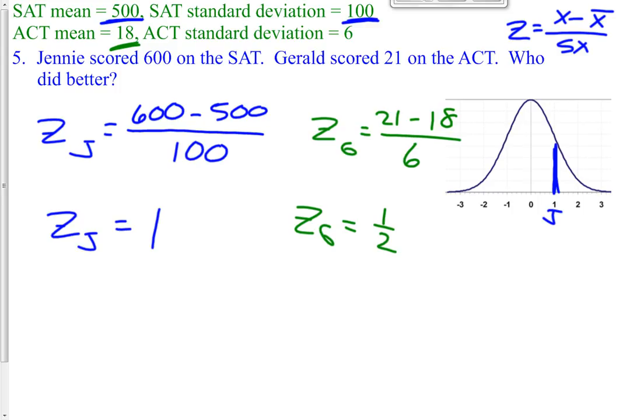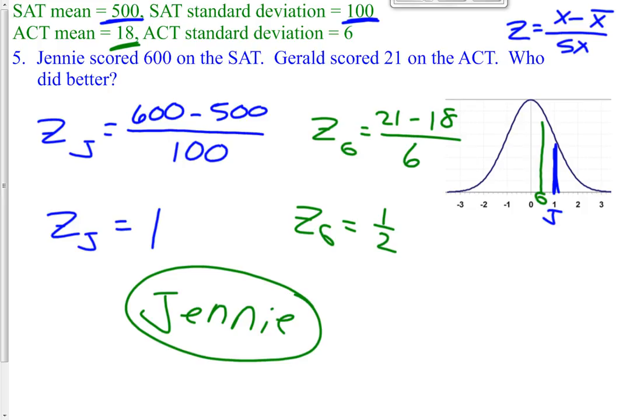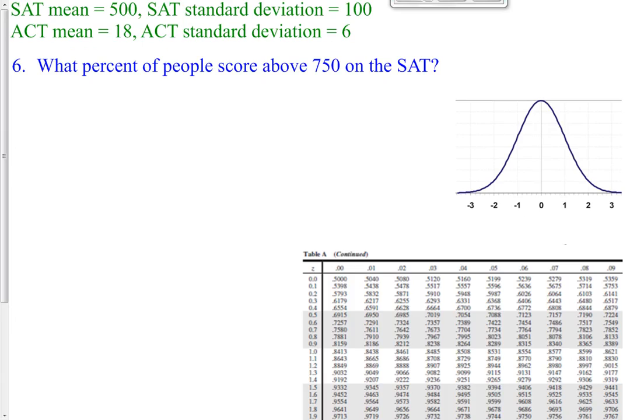So here is Gerald's z-score at about a half. So who did better on the test? Jenny is the one that did better because she had a higher z-score. We could find their percentiles by looking at table A, but Jenny's z-score is higher, so Jenny did better on the test.